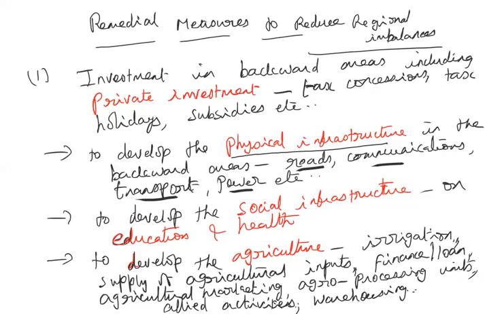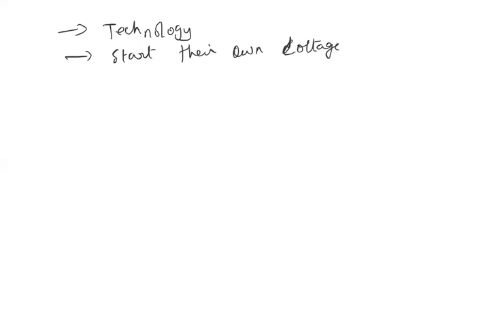Okay, and then the next area where they can invest is technology. Since they are mostly depending upon agriculture, the latest methods of technology can be brought into the agricultural sector, or they can be provided the knowledge to start their own cottage and small scale industries.